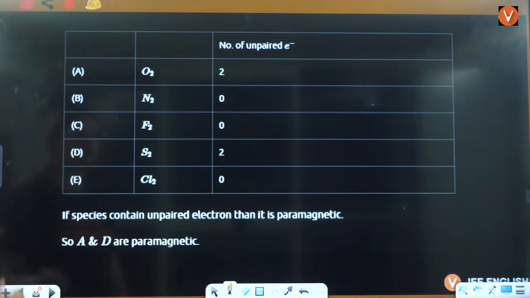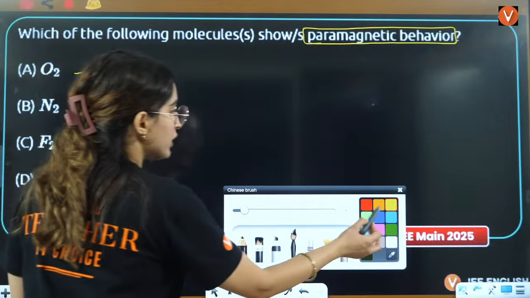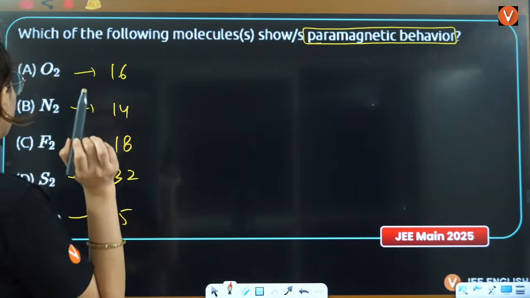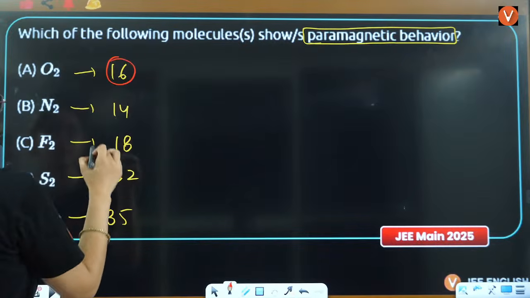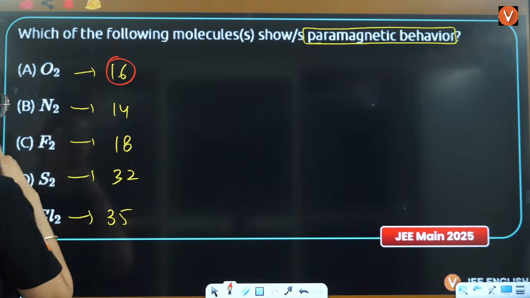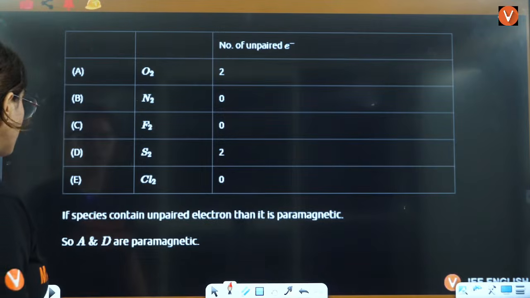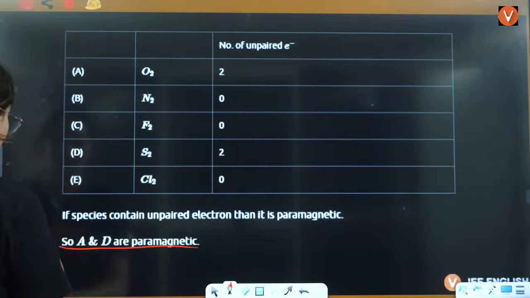Okay. So number of unpaired electrons they are asking you, which of the following shows paramagnetic behavior. Then you find any odd number species, that is paramagnetic. So A and D will be paramagnetic.